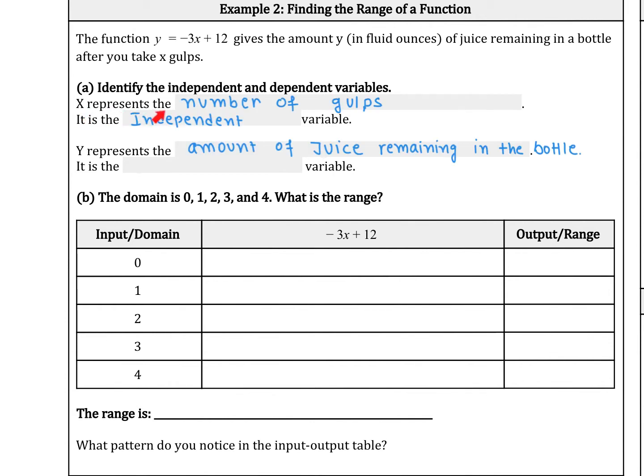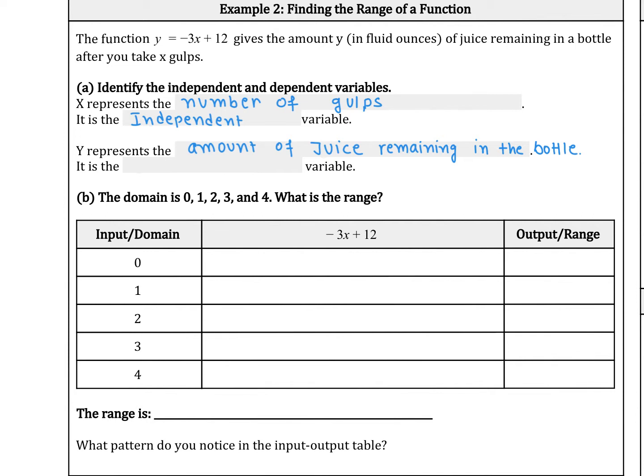So x represents the number of gulps. It is the independent variable. It's an independent variable because it's up to us how many gulps we want to have. And the amount of juice left in the bottle depends on how many gulps we had.